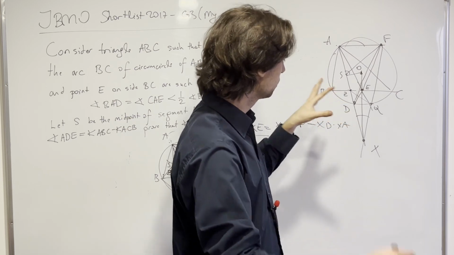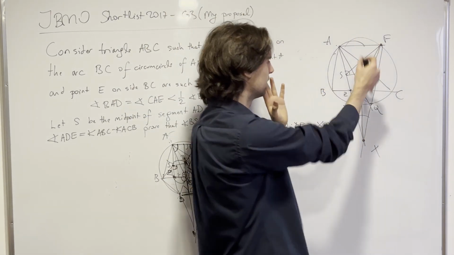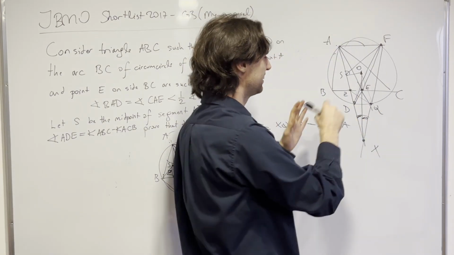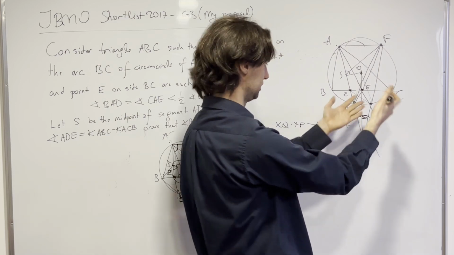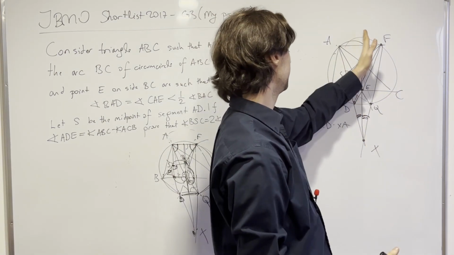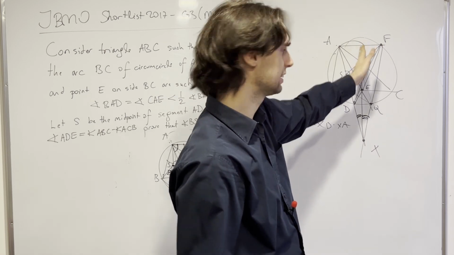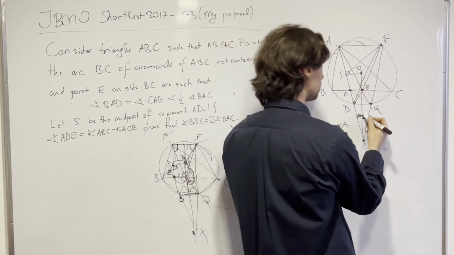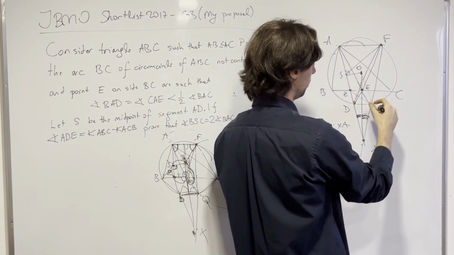So let's continue on. The next step is that, mind you, you have this angle equal to this one due to this being the segment bisector of AF. So you also have this angle equal to this one, OXA and OXQ are equal.